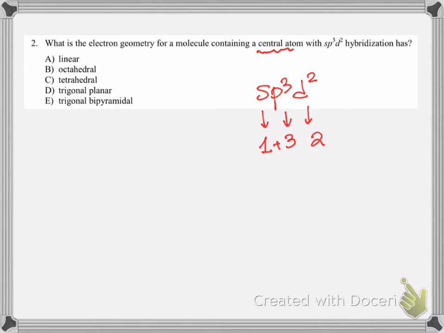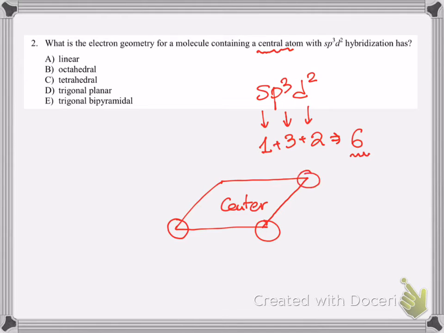Overall, the central atom has 6 bonds to its surrounding ligands, so there is a coordination number of 6. It looks like this: the center of the molecule forms a planar square, with 1 at the top and 1 at the bottom. There are 6 of them surrounding the center, and this is called an octahedral structure.